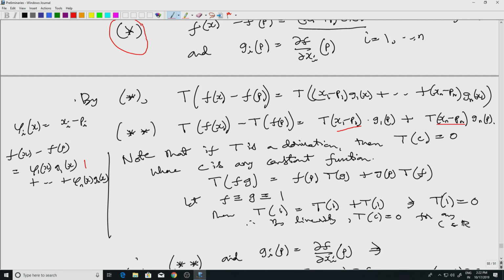So I can use the Leibniz rule, T of phi1 g1, for instance. The first term will look like this: phi1(p) T(g1) plus g1(p) T(phi1).